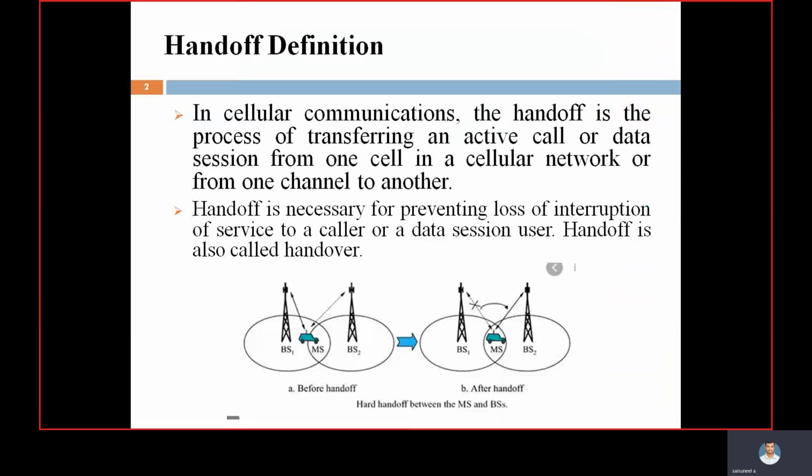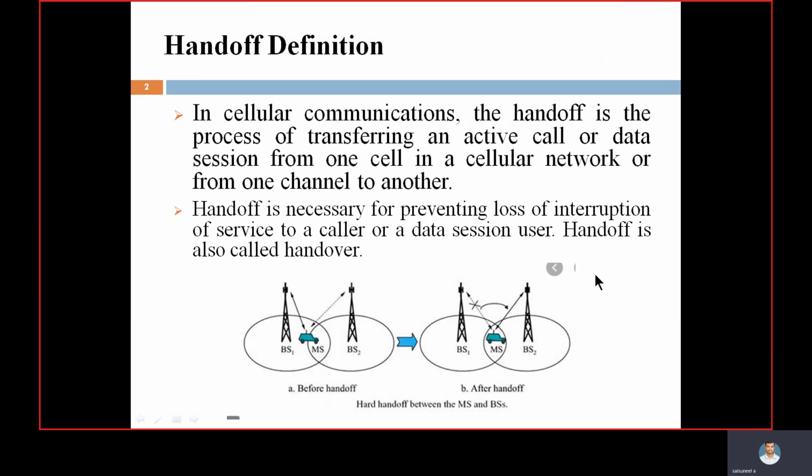Whenever the mobile moves from BS1 to BS2, the call is automatically terminated. Suppose the handoff technique is applied. After handoff, whenever the mobile station moves from base station 1 to base station 2, without terminating the call, it takes a channel from BS2. We can break this connection and take a connection from BS2 without terminating the call.